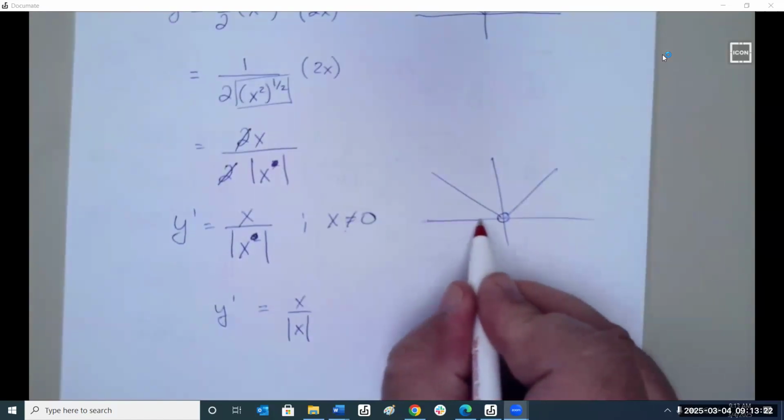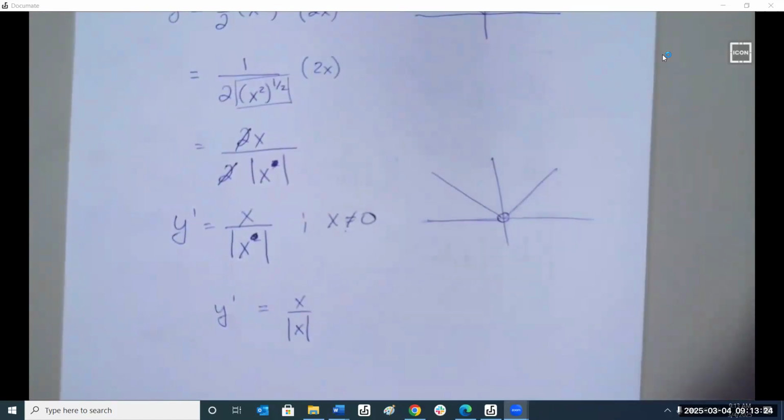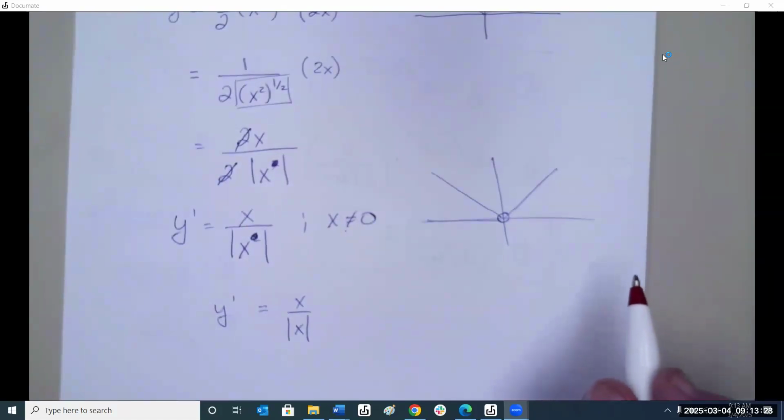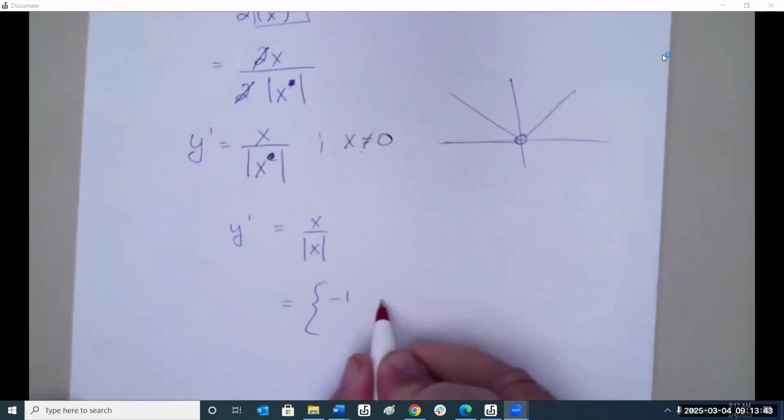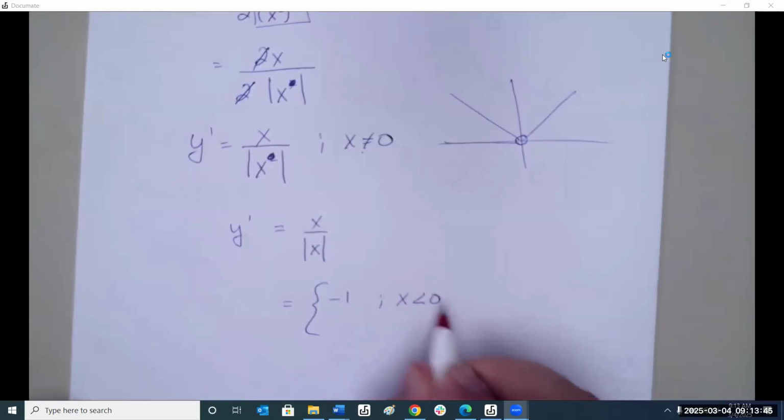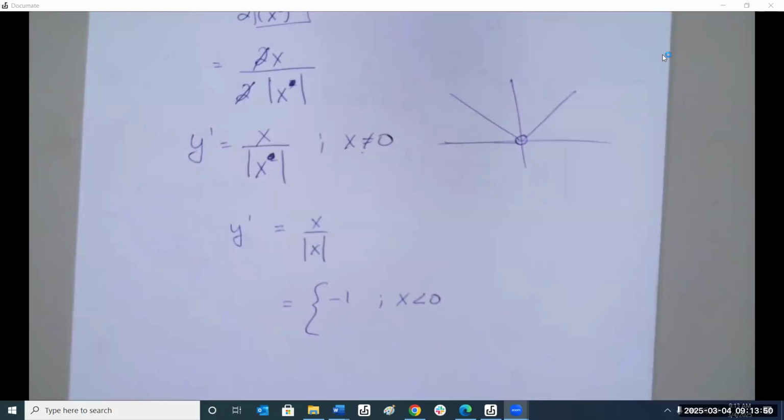From the left side, what's the slope? It's negative what? Yep. So from the left side, it's -1 for any x less than 0. Think about it.